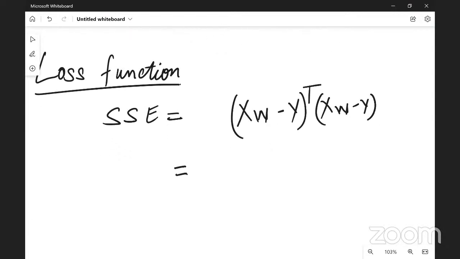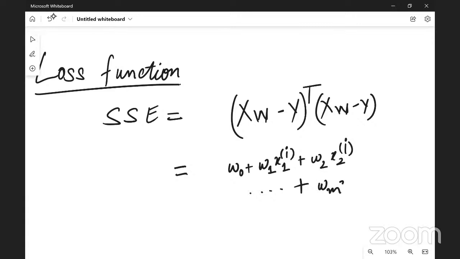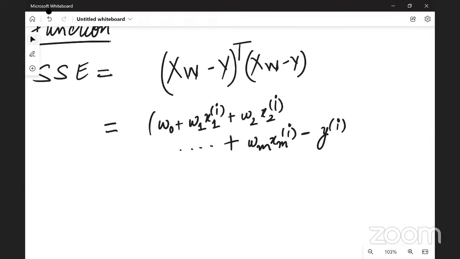Another notation could be w0 plus w1 x1 of i plus w2 x2 of i, this is your i-th sample, plus wm xm of i, minus y of i.